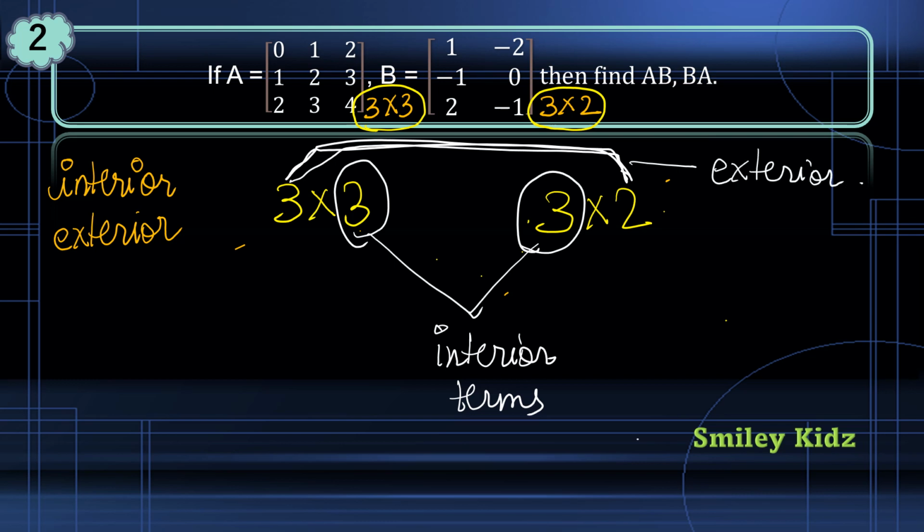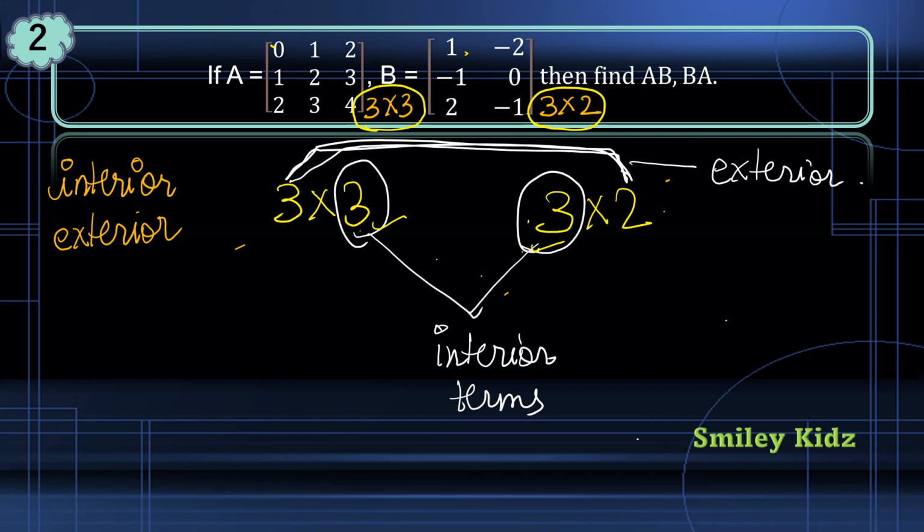Now, for multiplication, the interior terms must be equal. Here we have 3 and 3 equal, and that is when A and B can be multiplied. That is when multiplication of A and B would be possible.